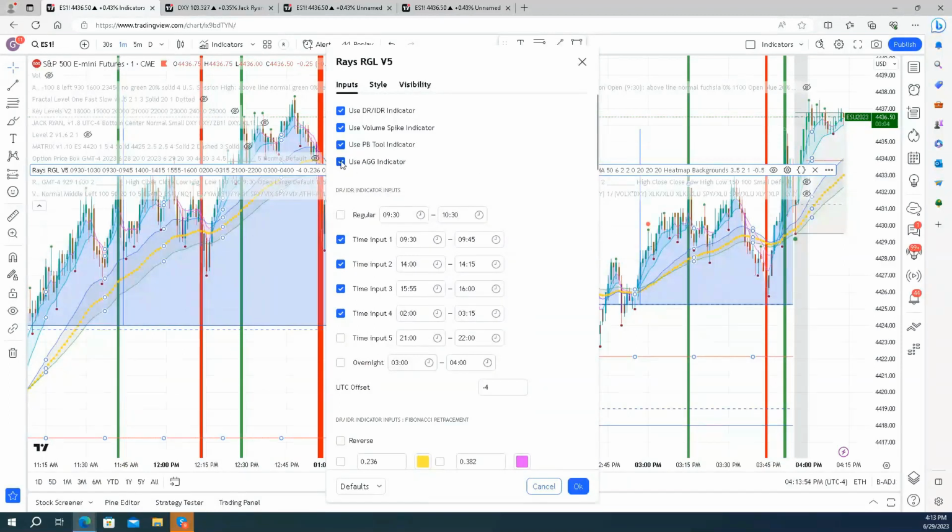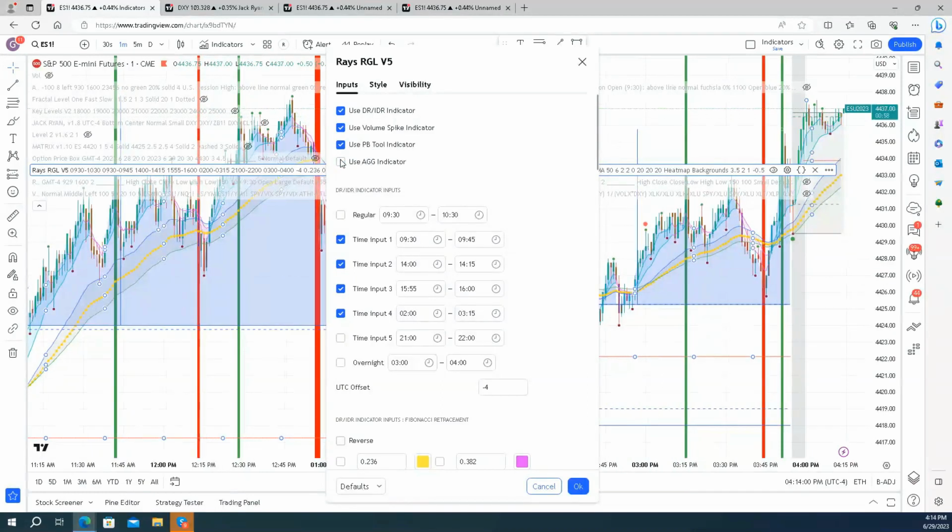And you can turn things on and off. So if you don't want such a busy chart, if you want to take the ag lines off for a second and turn them back on, you can do it, which is great. And Ray did this and came to us with it and asked us to put it together. And I think everybody really loves it. So this was a good tool.